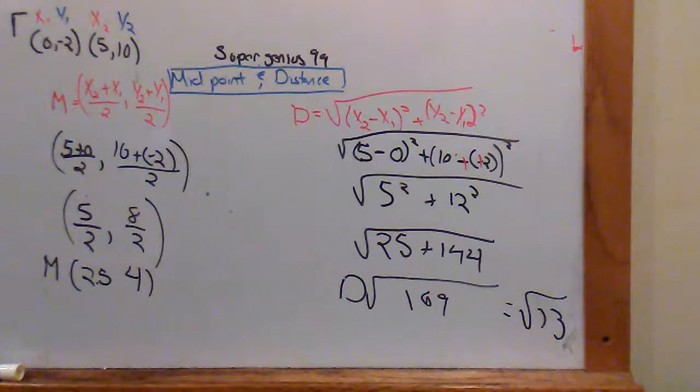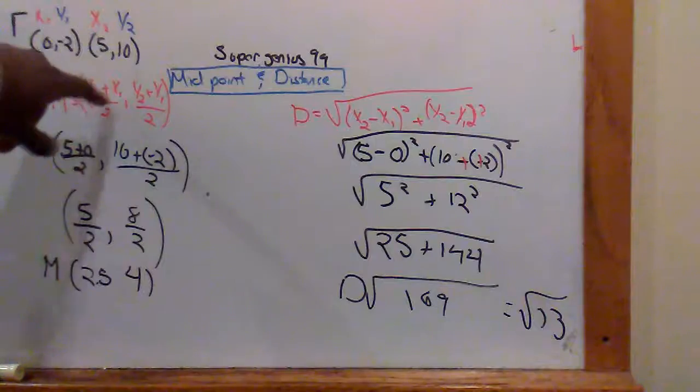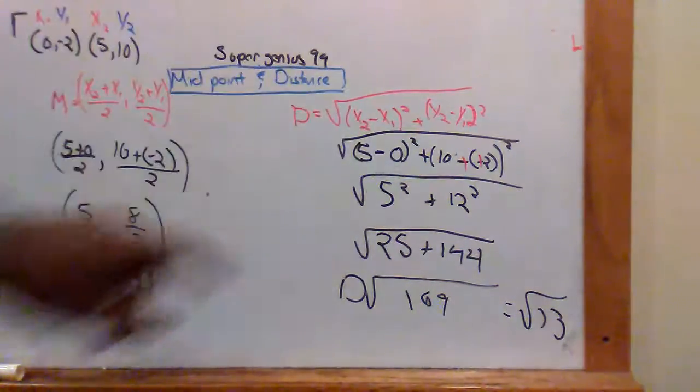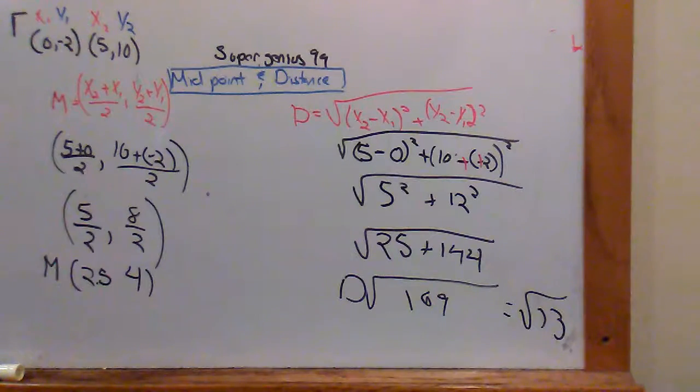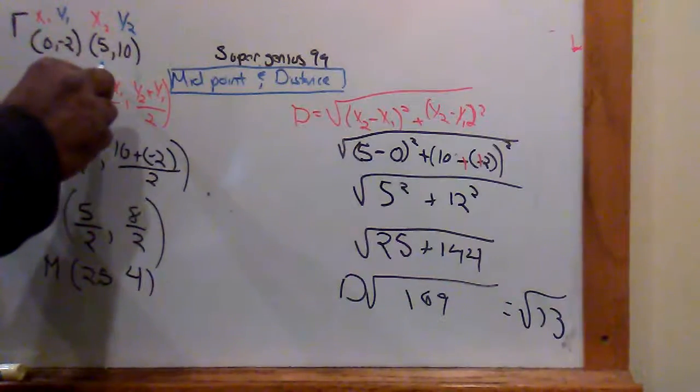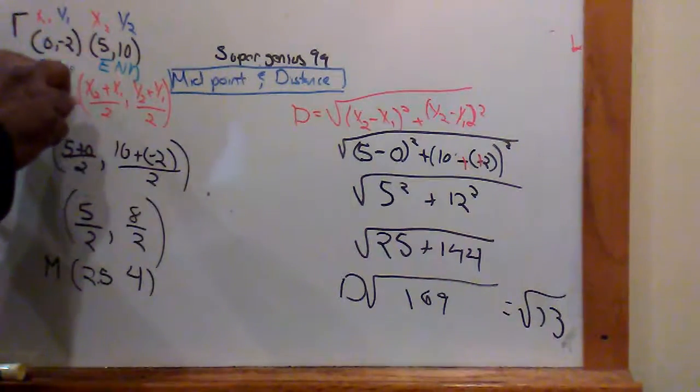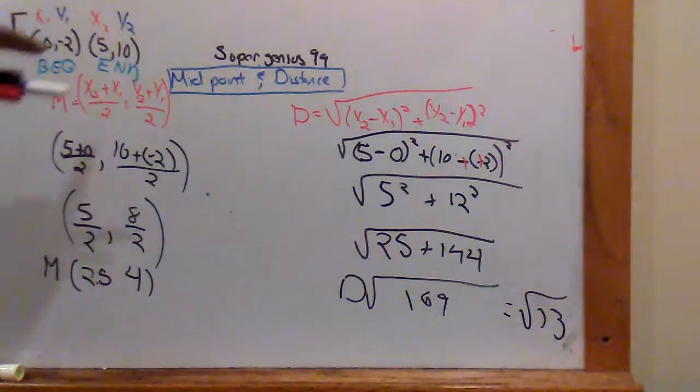And once again, the reason why your formula usually uses the higher subscript, x2 minus x1, is because the second set of coordinates is always considered the end point, and the first is always considered the beginning.